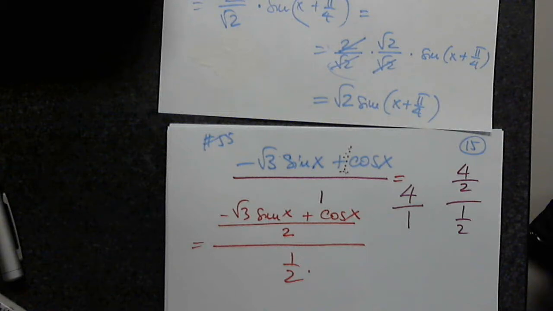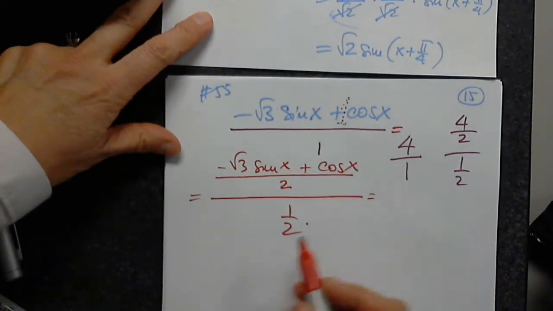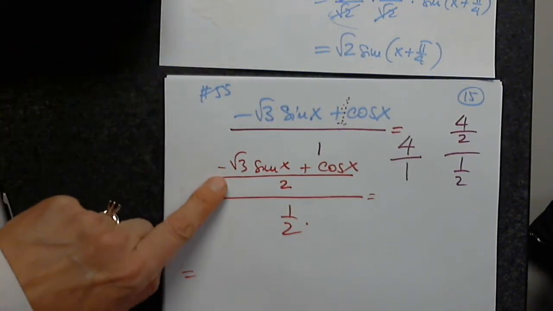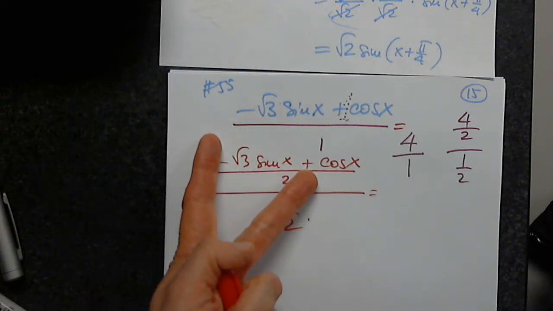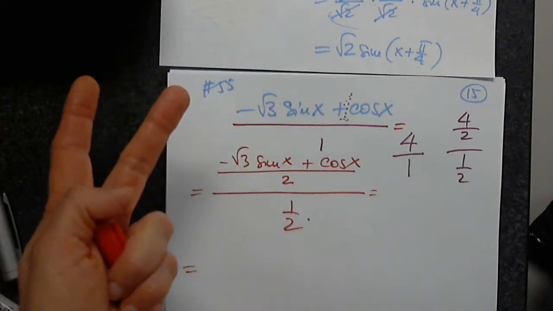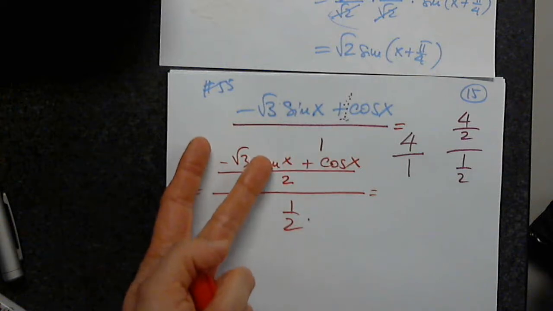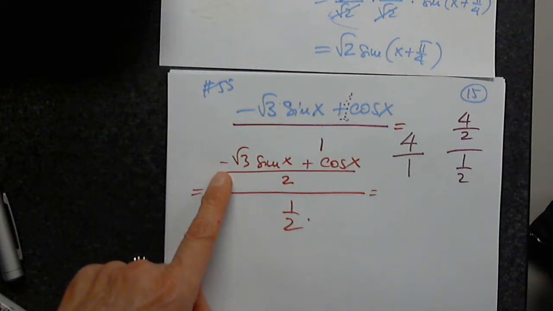Right. Good. So I'm allowed to divide top and bottom by 2. I didn't change anything. Good. So now, because there is a negative in here, I would like to reverse them. It doesn't matter, but it's better if we reverse them and keep the negative in the middle.